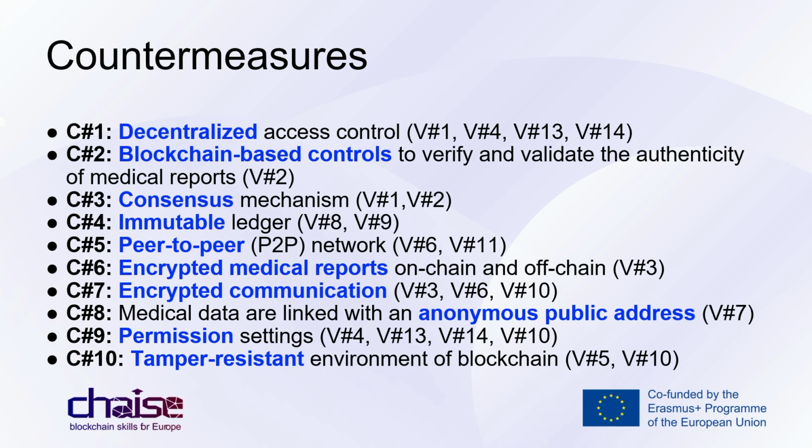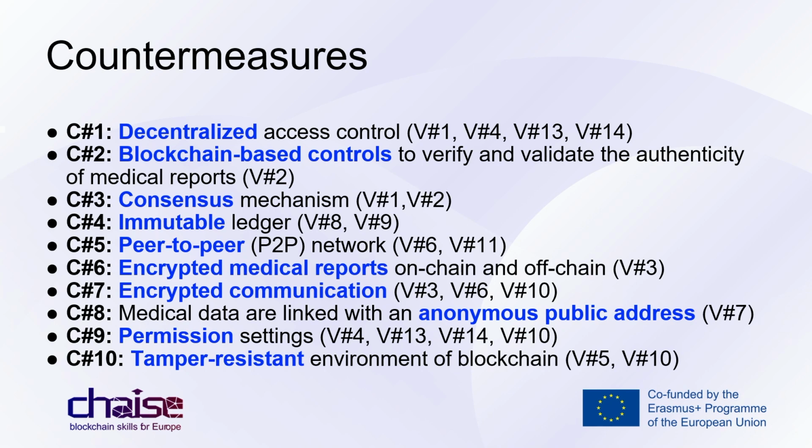For instance, countermeasure 1 is mitigating vulnerability 1, 4, 13 and 14, and the countermeasure is related to decentralized access control. This access control is implemented using smart contracts and deployed on a blockchain, which is providing a decentralized and distributed environment.